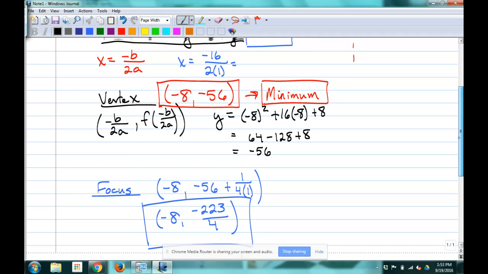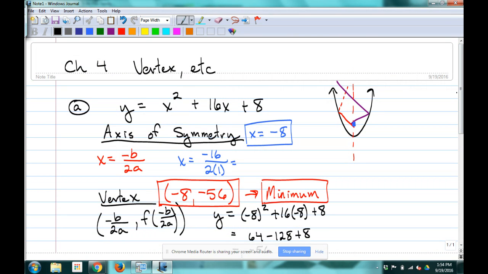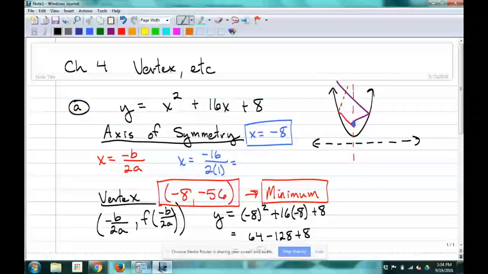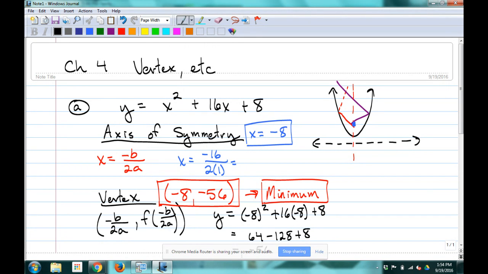And it's a horizontal line that goes that way. It's kind of like it's perpendicular to the axis of symmetry. And it's like, what if it missed it? The directrix and the focus are equidistant apart. They're always the same distance from each other.